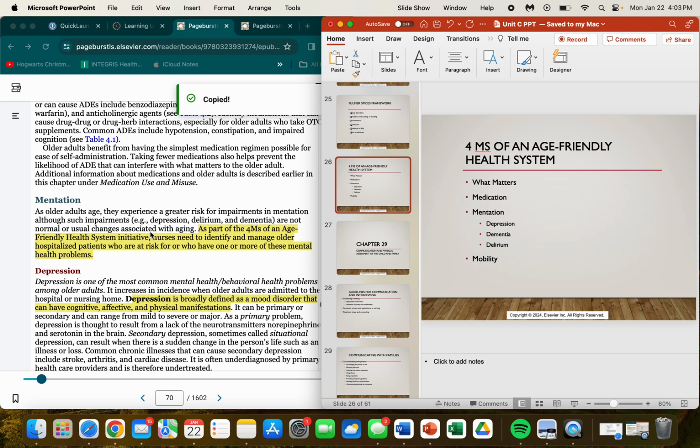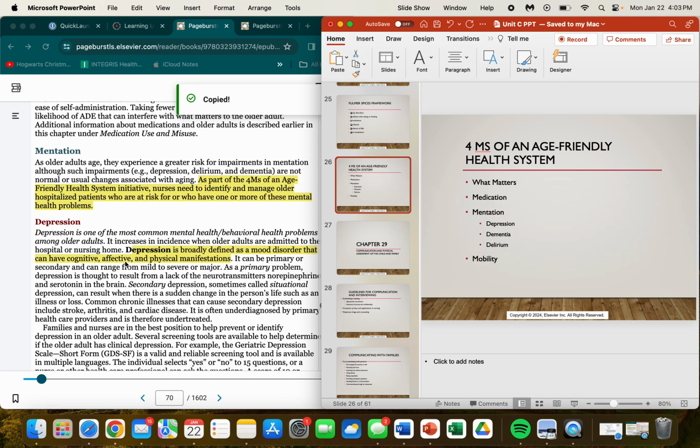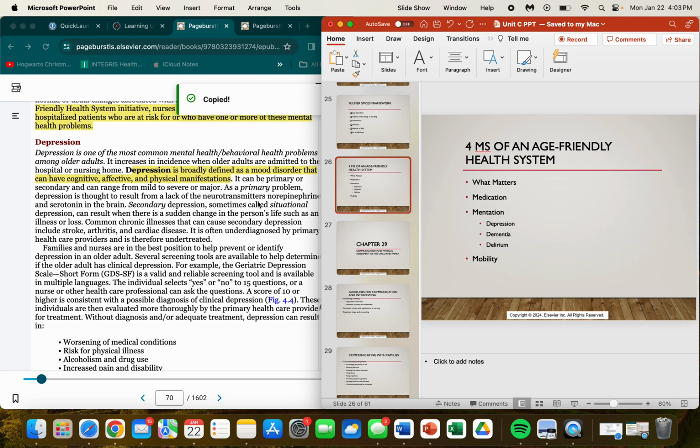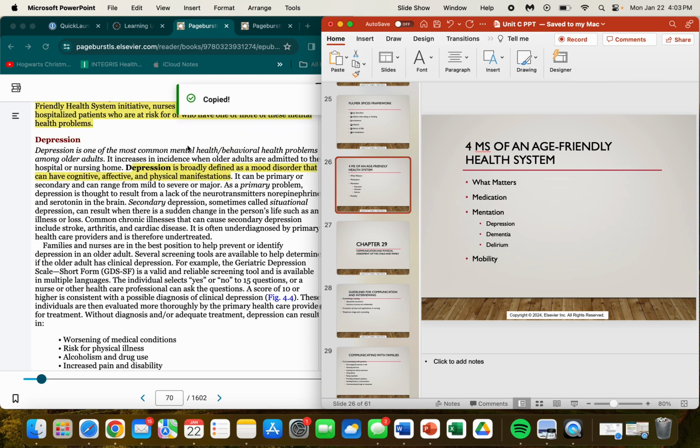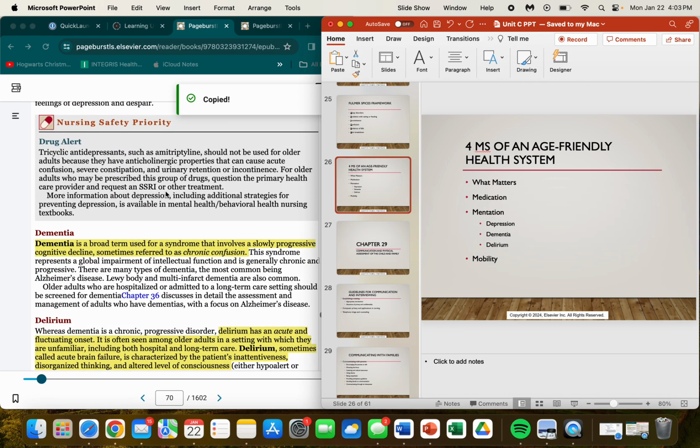And then mentation as part of the 4 M's. Nurses need to identify and manage older hospitalized patients who are at risk for having one or more of these mental problems, which include, as we talked about earlier, depression, dementia, and delirium. Depression is a mood disorder that has cognitive, affective, and physical manifestations.